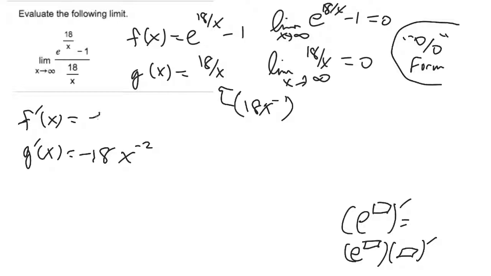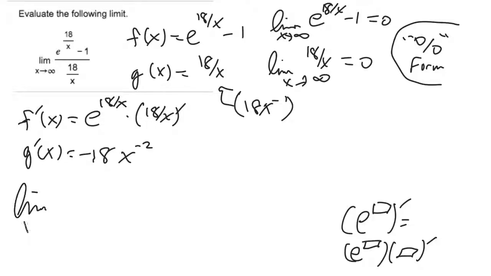For f of x, that means my derivative of e to the 18 over x is e to the 18 over x times the derivative of 18 over x. And of course, the derivative of minus 1 is just 0. Notice, though, that the derivative of 18 over x is exactly this same thing. So we're going to get a very nice cancellation here.